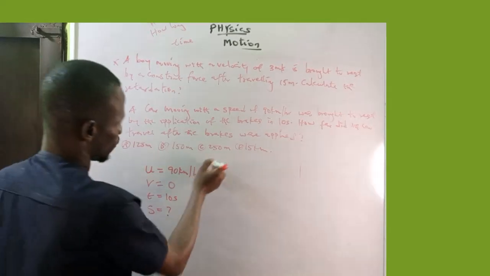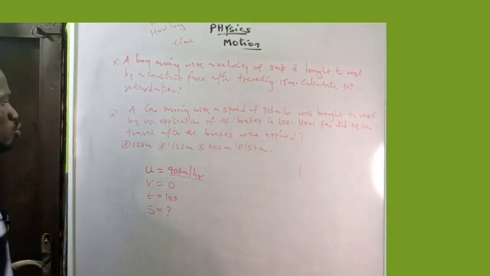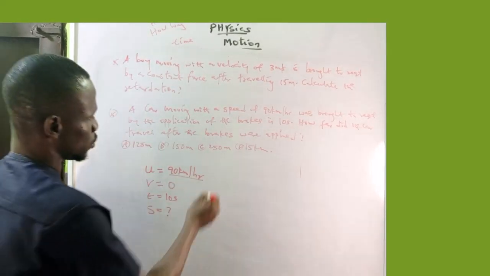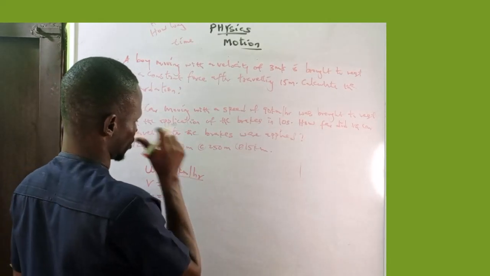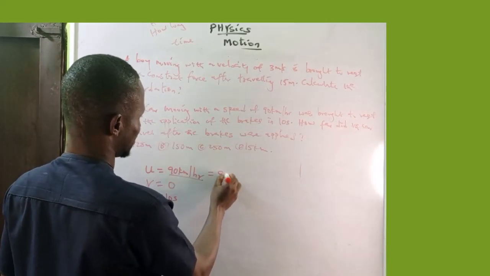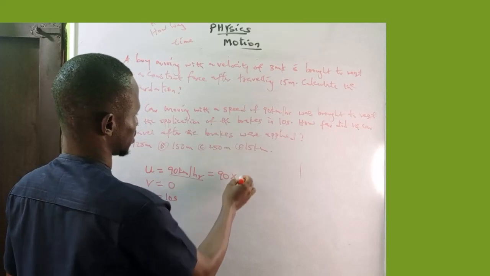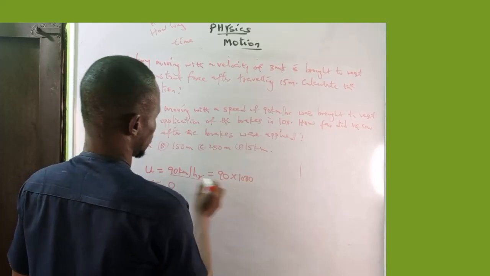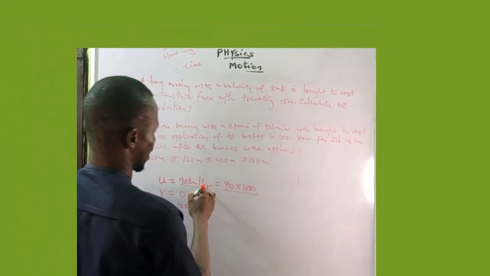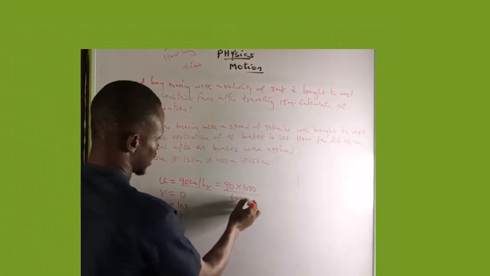So we have to convert this to meter per second. So 90 km per hour should be converted to meter per second, which is 90 times, kilometer to meter, times 1000. Per means division, and hour is 60 times 60, right?